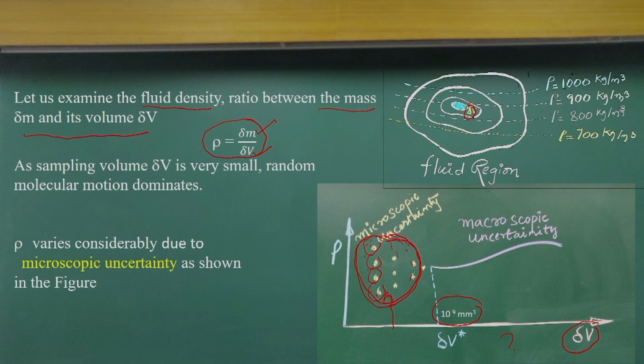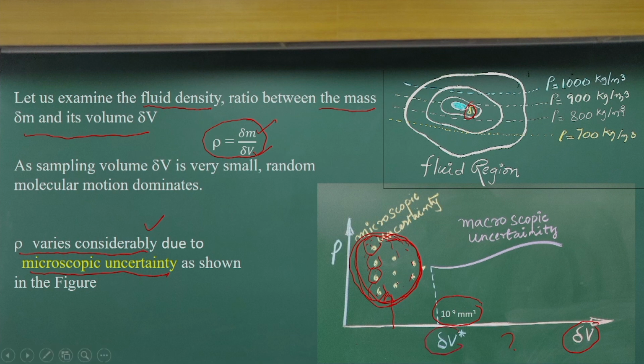That is the reason for the uncertainty, and the density varies drastically. This is not a time-dependent component, but it varies when the sampling volume is lesser than a threshold value. That is what is called the microscopic uncertainty.